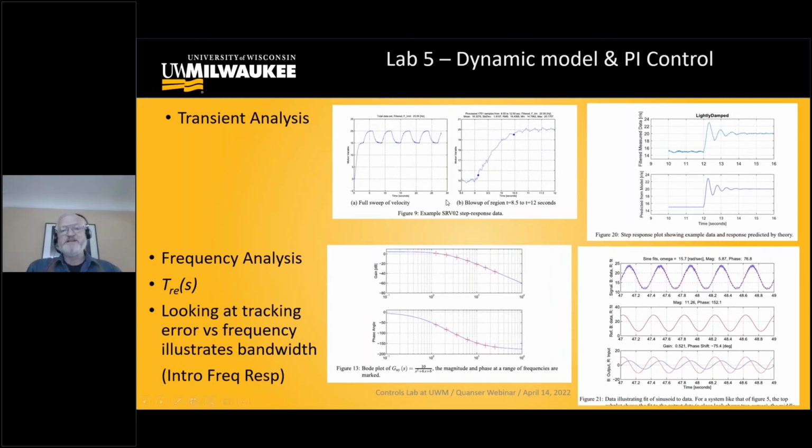That is one of the things that we do for them. But they'll measure a time constant out of this transient, and then from that get a first order model of the plant.